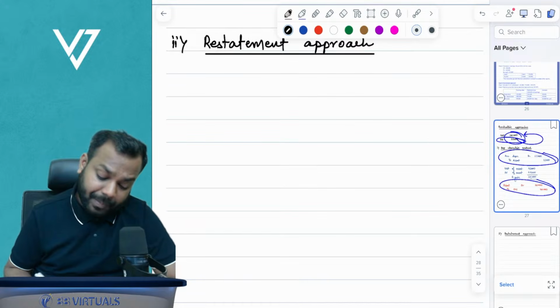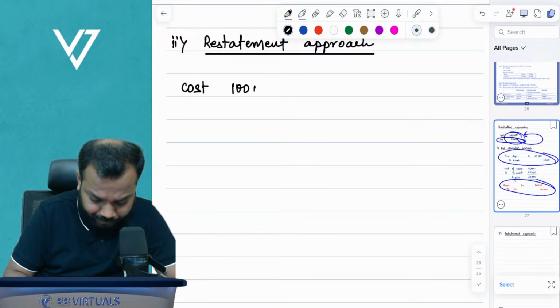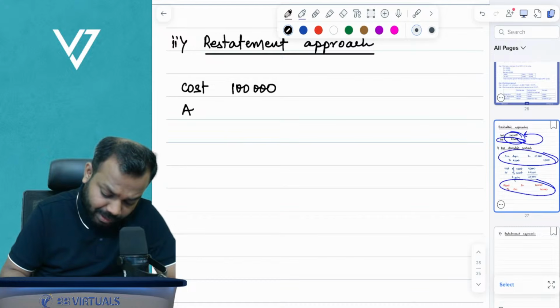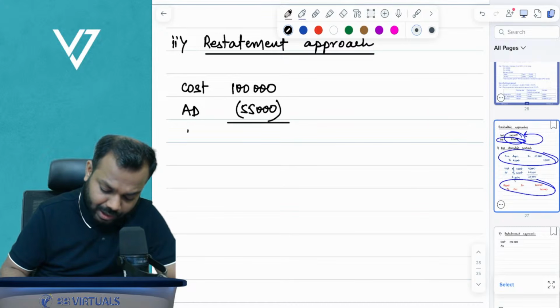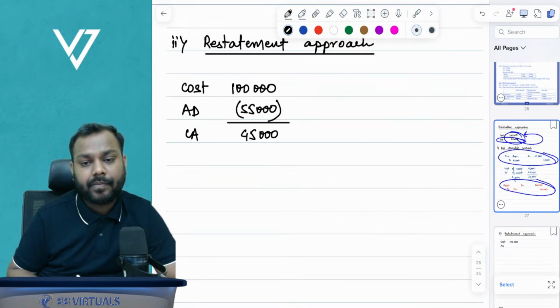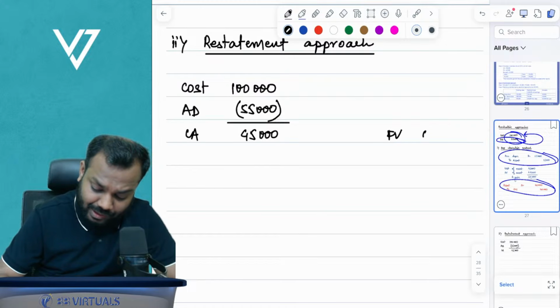Under the restatement approach, let's suppose your cost is 100,000, your accumulated depreciation is 55,000, thereby your carrying amount is 45,000. Now, your fair value is 65,000.